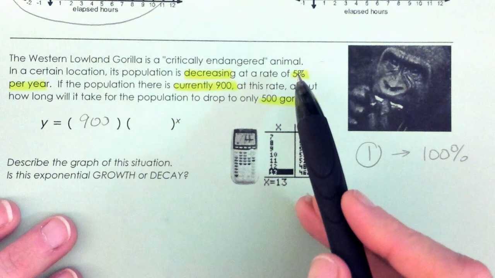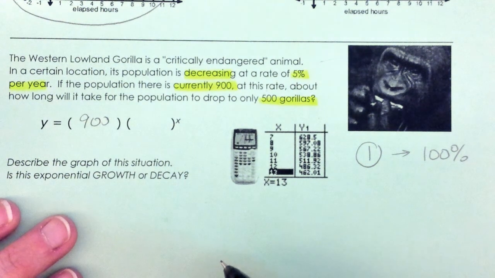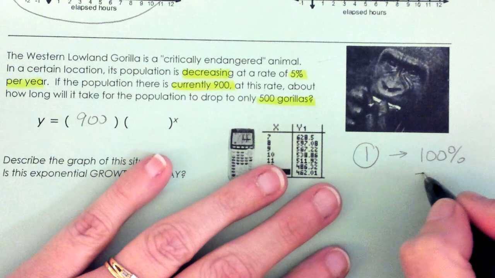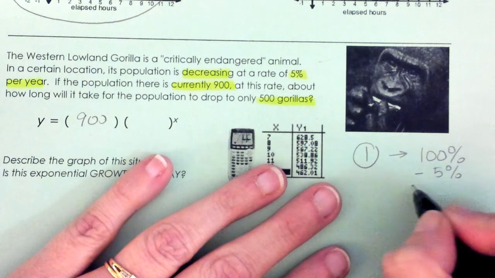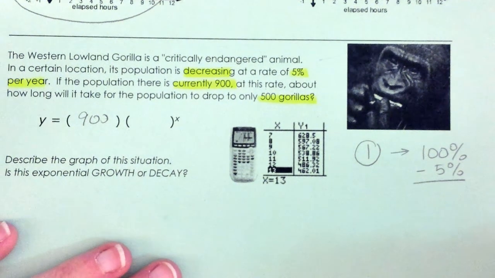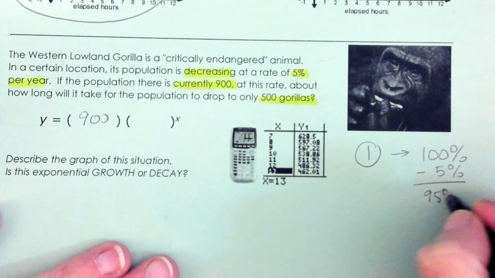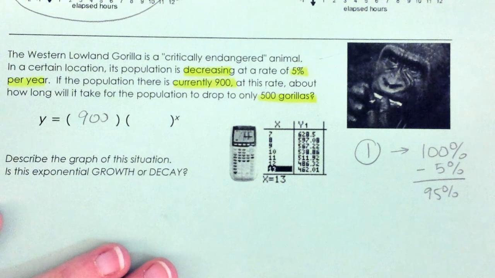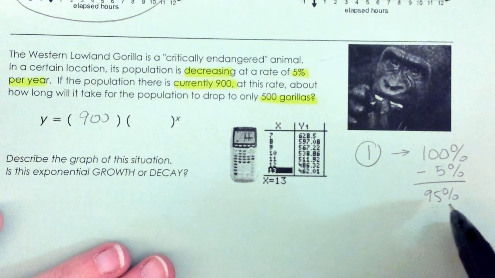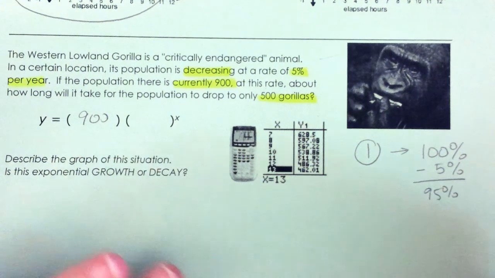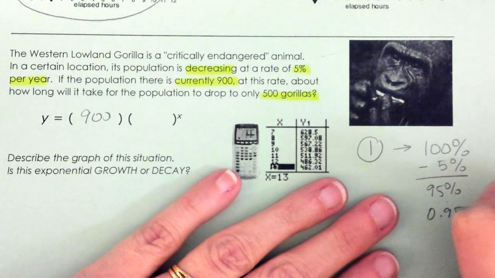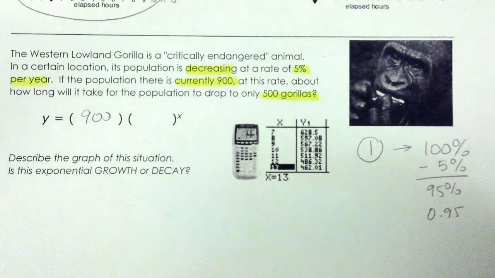Now it says I'm decreasing at a rate of 5%. So if I'm decreasing by 5%, what percent of gorillas will I have after that? Well, I will only have 95% as many gorillas as I did before. Now we don't do math on percents, so I would write that as the decimal 0.95.